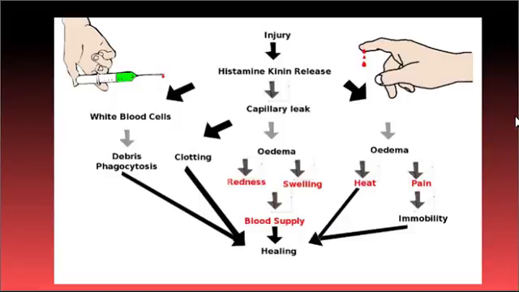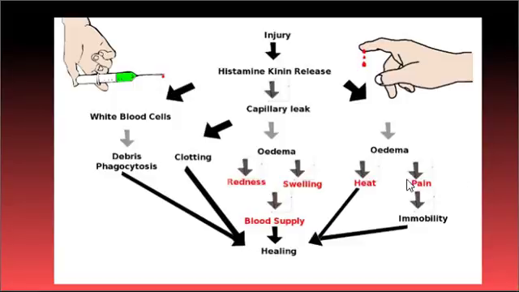The third cardinal sign is right here, is heat. So you have the erythema from this release. You have edema due to the capillary leak, and the edema leads to heat. Heat at the inflammatory site is caused by this increased blood accumulation.